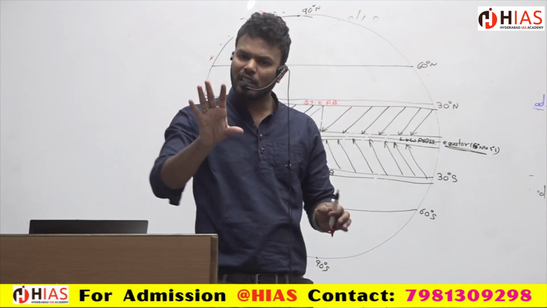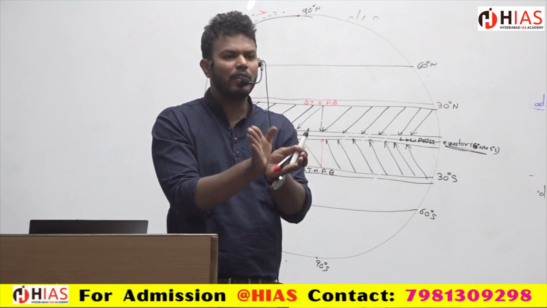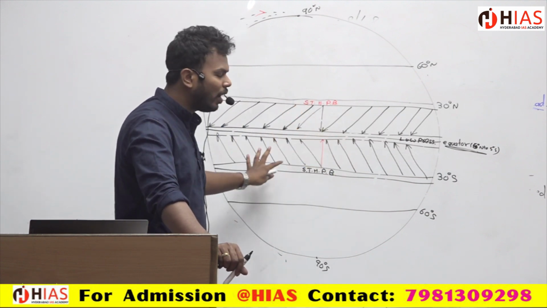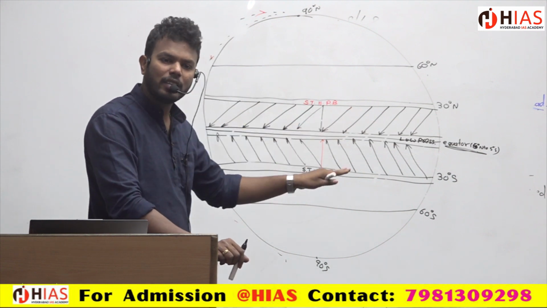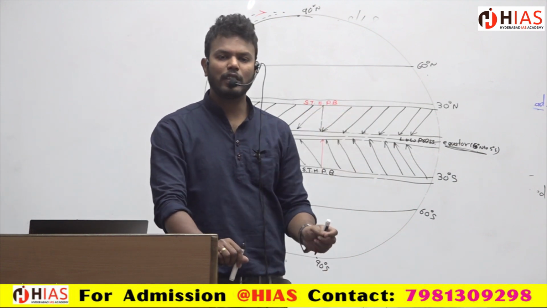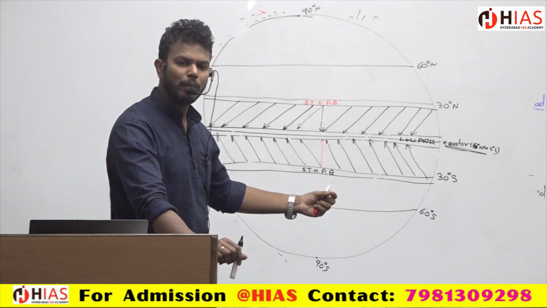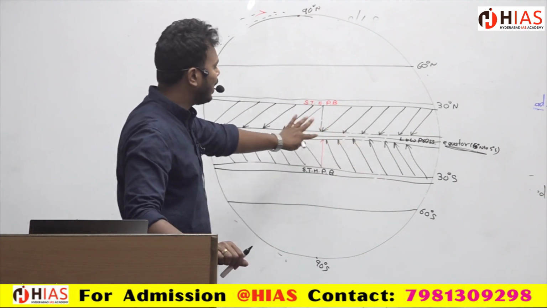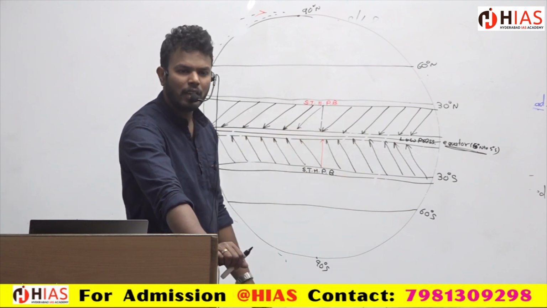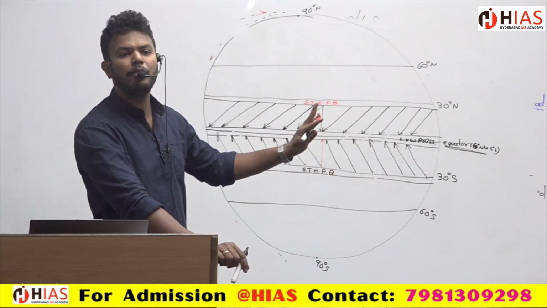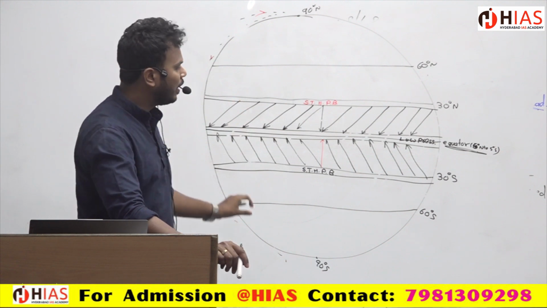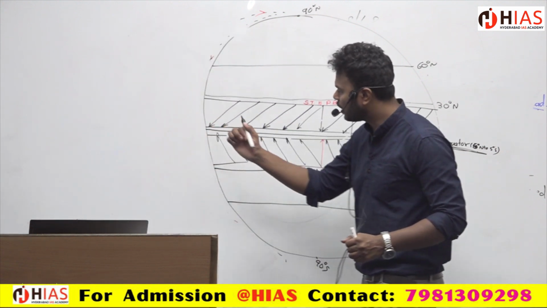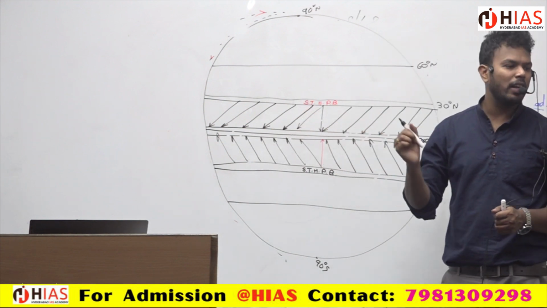So there will be some local winds, but global winds will be there every time. The domination may decrease or increase. For suppose when the monsoon comes, they are called periodic winds. Their domination increases, but it does not mean the global winds will not be there. These global winds will be there every day, all throughout the year. Once we understand this, we will understand the periodic winds, and how the climate system in India gets impacted.